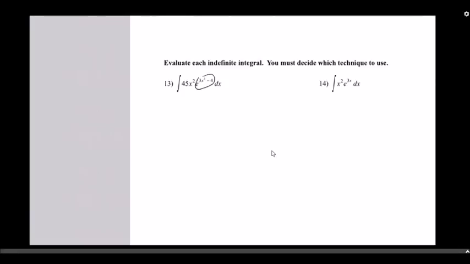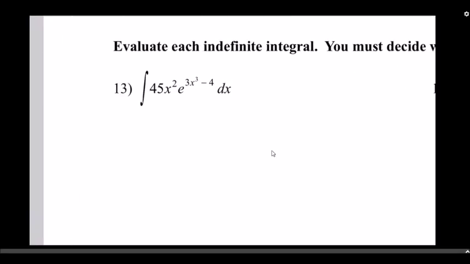Now what I'm seeing here in question 13 is we have an expression e to the u. So e to the u du maybe, is this something that could work? Well, we have to test it. If this is u, then du is 9x squared dx. So we've got the e to the u, but what we don't have is the du.